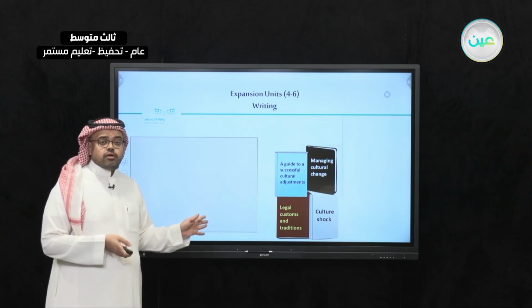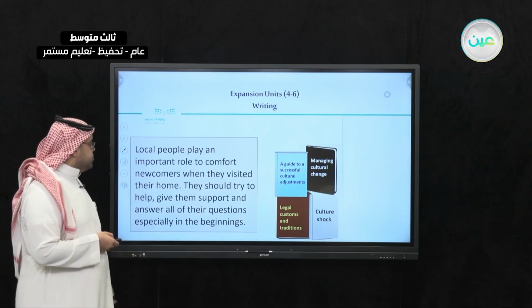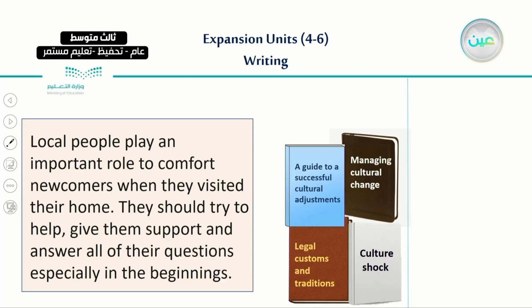Now let's read my advice to the local people. Local people play an important role in comforting newcomers when they visit their home. So they should try to help, give them support, and answer all of their questions, especially in the beginning.